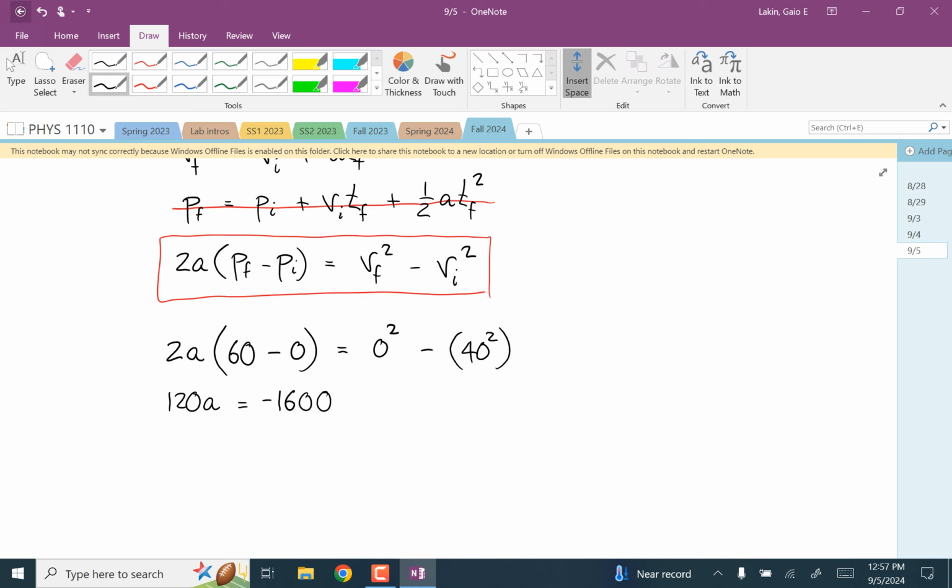Right away you can divide both sides by 10, say. You get negative 12A is equal to negative 160. So I think that says A is equal to negative 13.3 repeating. Question.